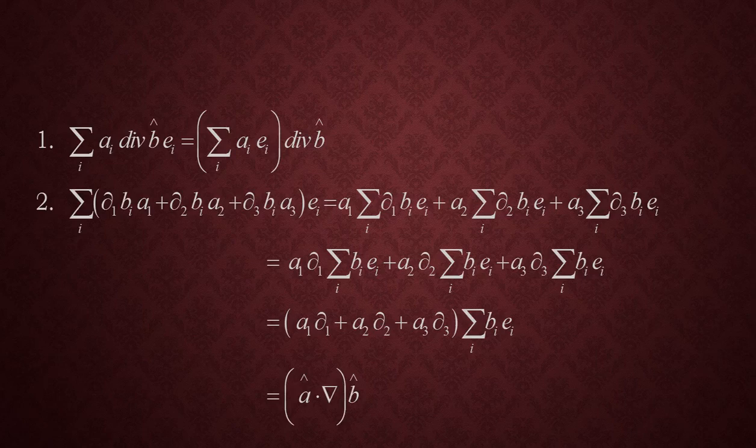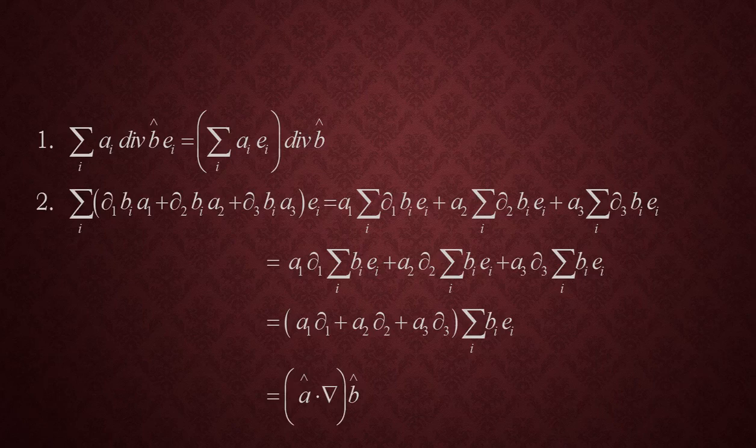But C_i has 4 parts on its RHS. Because it's a very big expression, we split it into 4 simple parts. In the first part, we multiply the first term of the C_i with e_i and then we sum it over i.